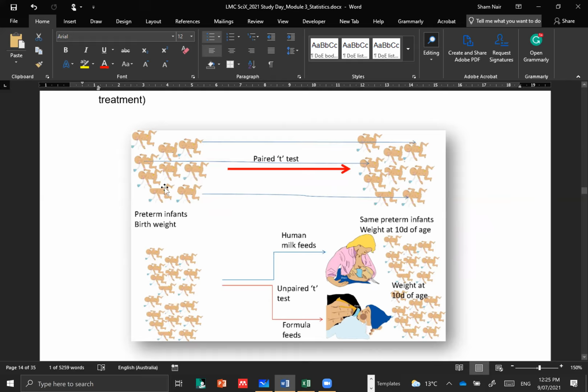In this sort of study, each baby is measured twice, at the start of the investigation and at the end of the investigation. So each baby has 2 data points, before and after. So this is called a paired t-test because you get a pair of measurements.